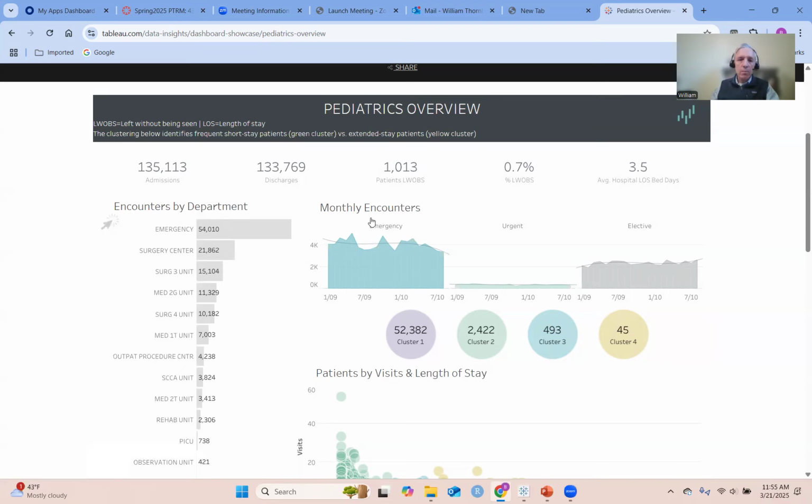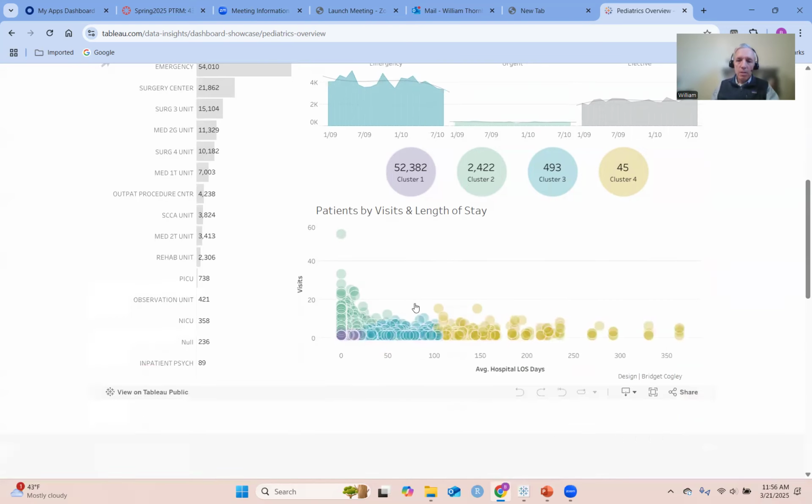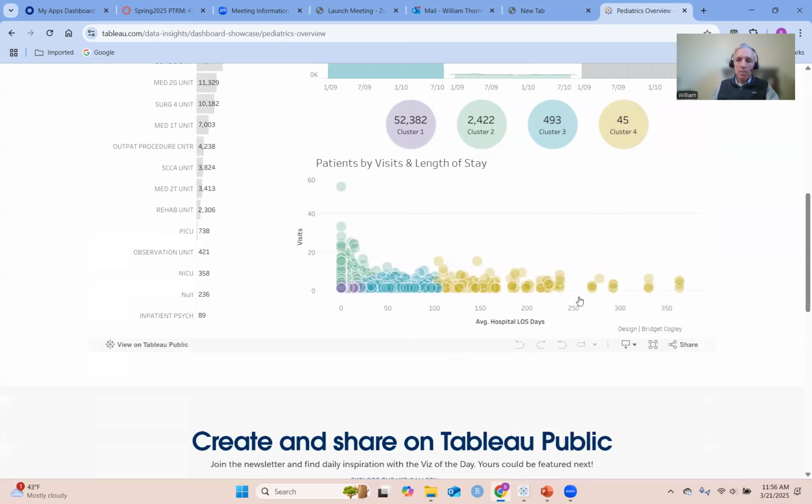And so here's the number of encounters. Here's how many were urgent. Here's how many were elective. Here's how many were emergency. Here it is in clusters by, I'm not sure what, patient visits and length of stay. And here's a bubble chart on patient visits of length of stay. Here's the number of days. Here's the number of visits.